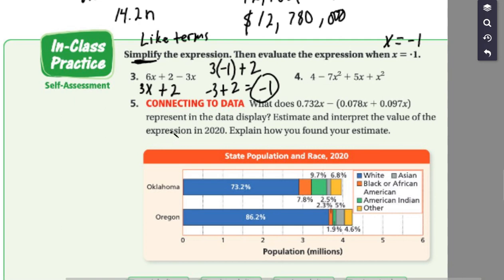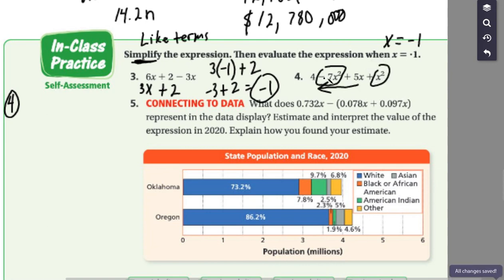Now, I don't have very much room over here, so we're going to do number 4 way over here. We need to combine the like terms, and let's start with the term with the biggest exponent. So we have a negative 7x squared and a positive 1x squared.